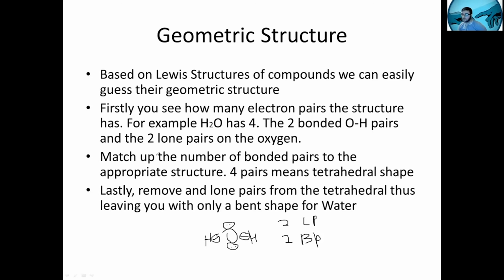But you just match up the number of bonded pairs to the appropriate structure in your head. And so 4 pairs, going back to this, 4 pairs is a tetrahedral shape, which I'll draw here as the oxygen. Tetrahedral just means like this, essentially.